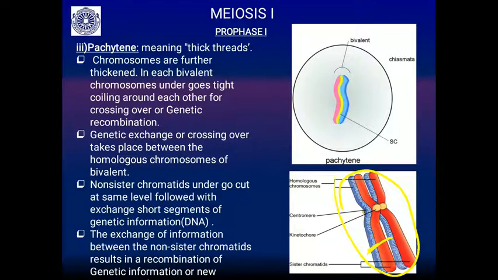This is the exchange of genetic information, or DNA, between two chromosomes. The exchange of information between non-sister chromatids results in recombination of genetic information, or a new combination. This occurs during the pachytene stage.